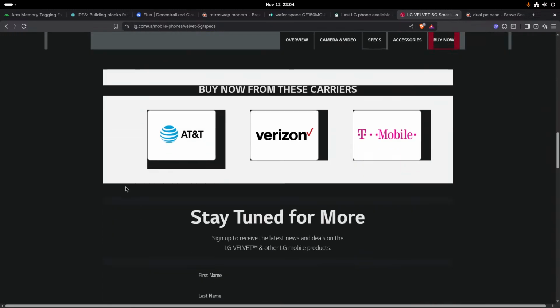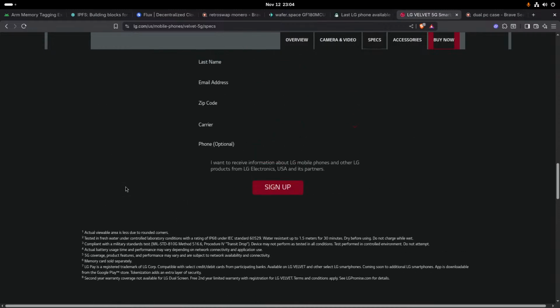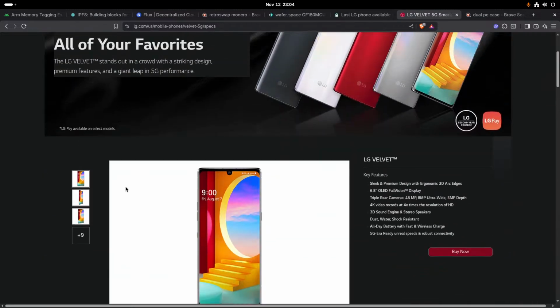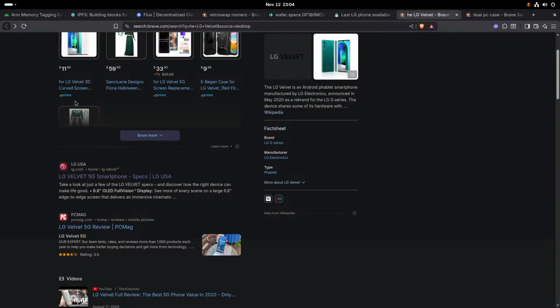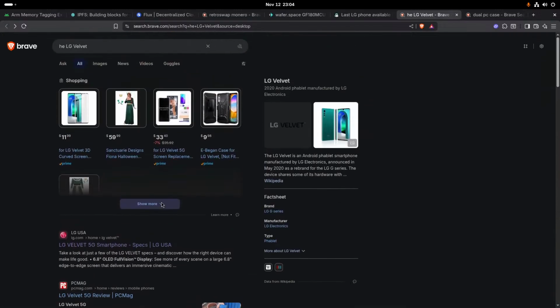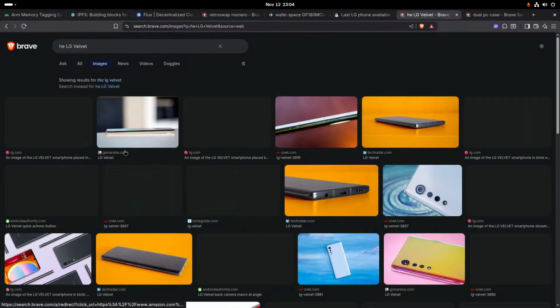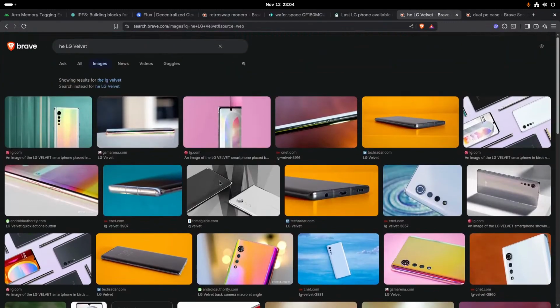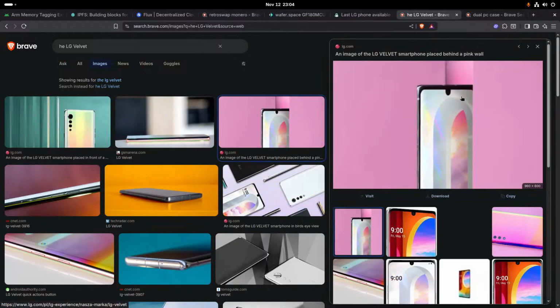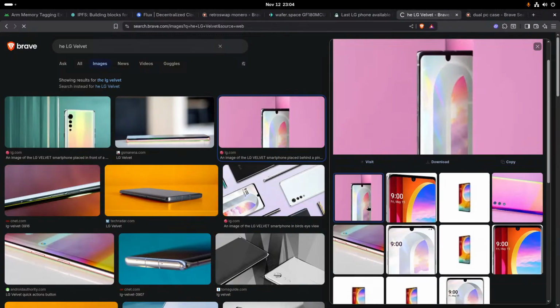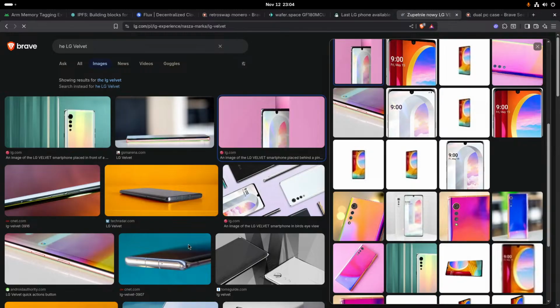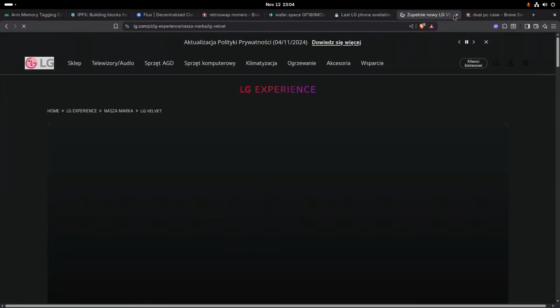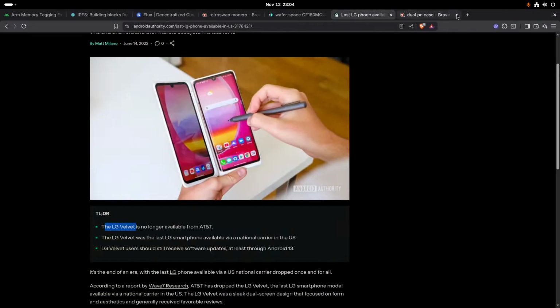Let's make two fucking cameras on this shit, and let me make it fold. And God, look at that fucking cutout. Damn you, LG. You really out here doing some crazy shit.